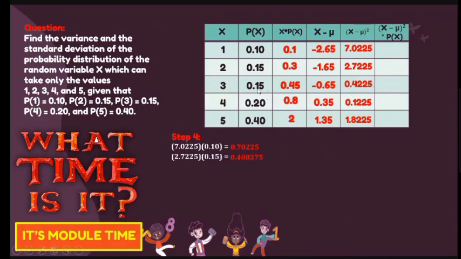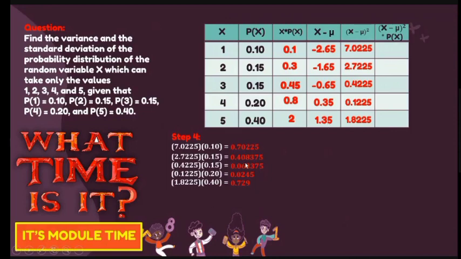Multiply this by this given. So you will arrive with 0.063375. Then multiply yung part given natin, itong dalawa na to, to get 0.0245, and then lastly multiply this given to get 0.729.